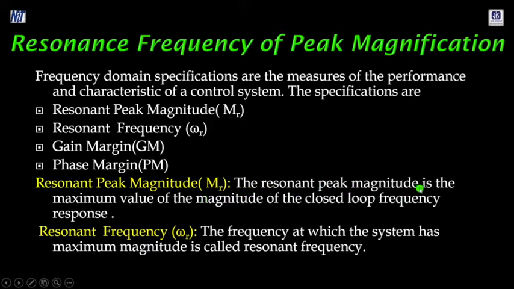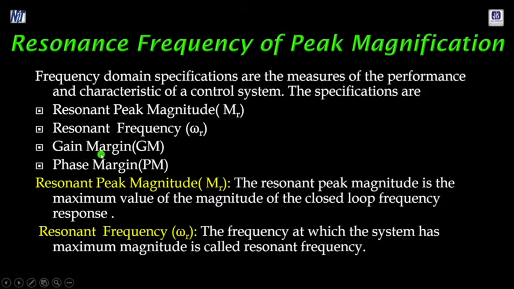Resonant peak magnitude is the maximum value of the magnitude of the closed loop frequency response system. Resonant frequency is the frequency at which the system has maximum magnitude.